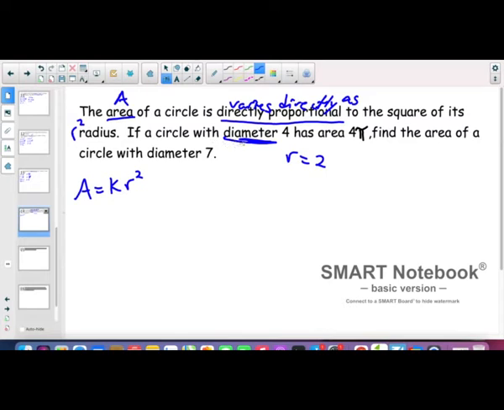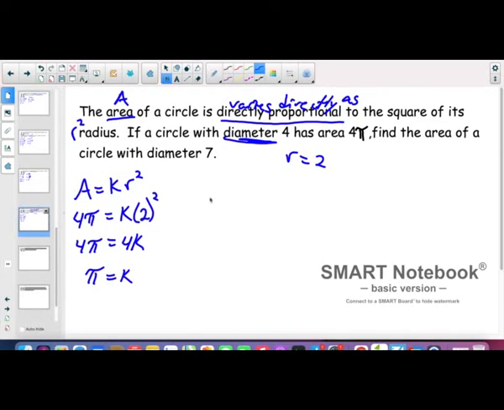So if a circle with diameter 4 has an area 4 pi, we can plug that information in to solve for k. So area is 4 pi, so I'm going to plug in 4 pi equals k times 2 squared. So that is 4k equals 4 pi. So that means that if we divide by the 4, k is pi.